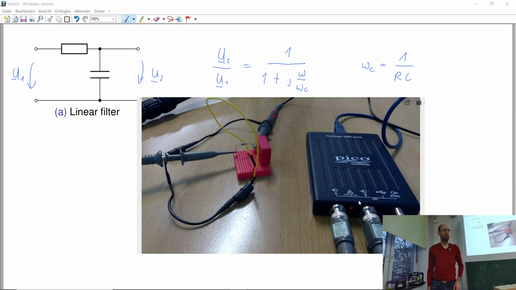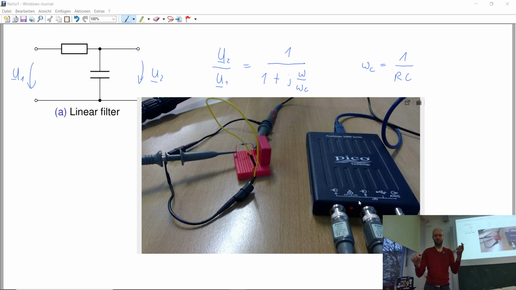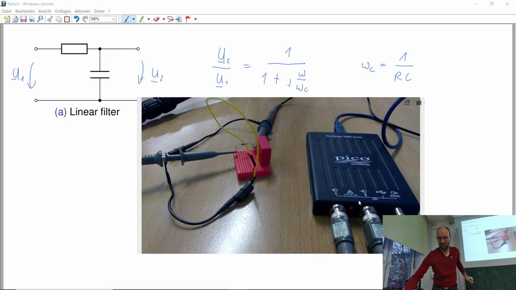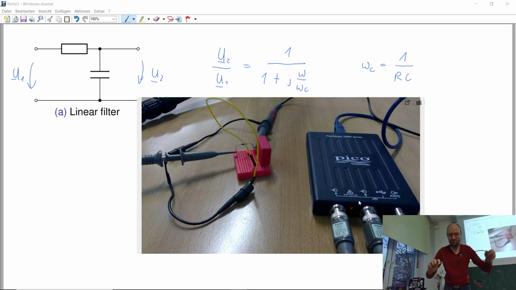Then we also need, of course, something to power this filter. For this, I have a last cable. The good thing about this USB-powered oscilloscope is that there's some internal source, which is labeled with AWG. This stands for arbitrary waveform generator. So there's some generator built in there.